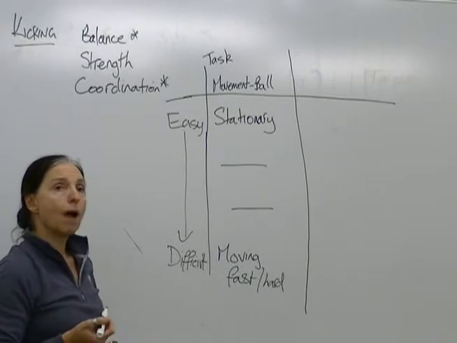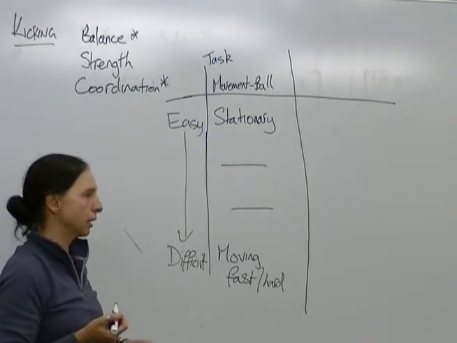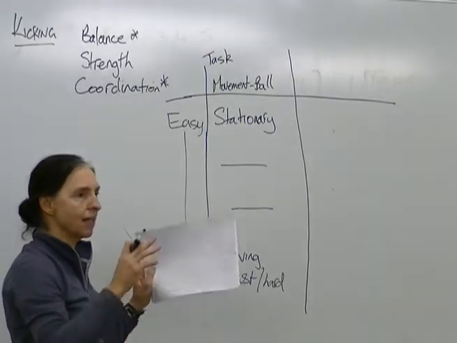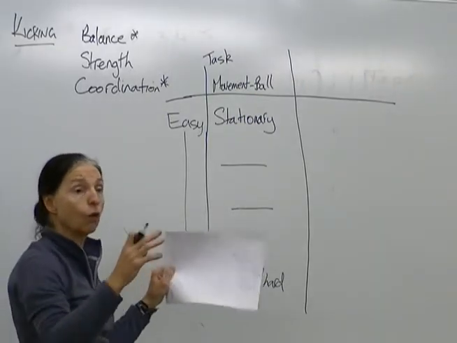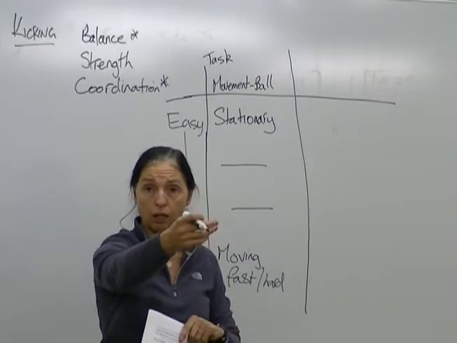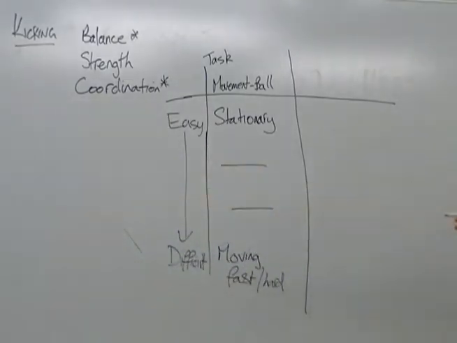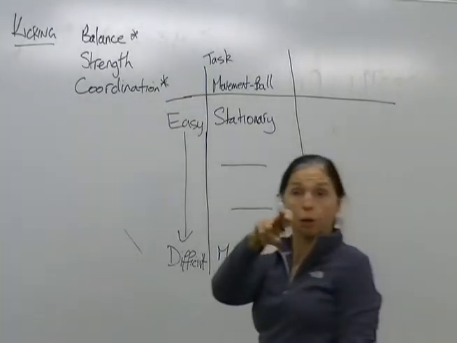What about the distance that I'm asking them to kick? So if I'm going to say they've got to kick at a goal, or they've got to kick to their partner, do I put them on opposite sides of the gym when I know one of them does not have very strong legs? What are the chances that they're going to be able to kick the ball from all the way over here to their partner that's all the way over there? Right? But I agree, weight of the ball would be a good one as well.